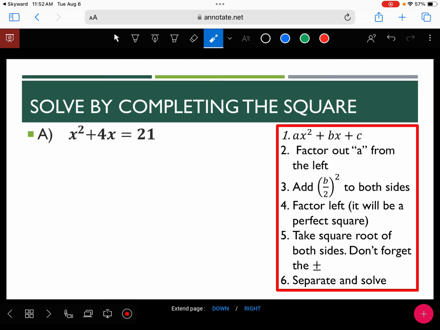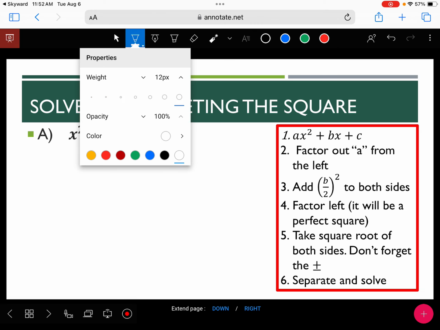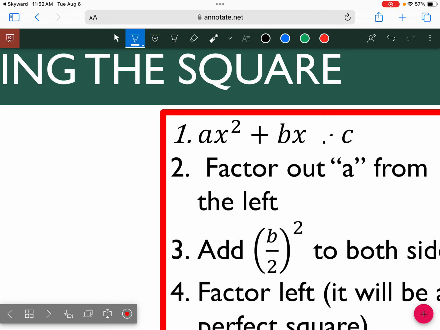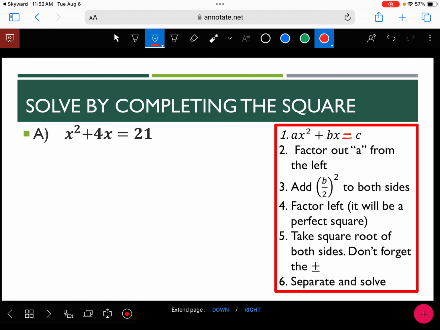And I just recognized this, and I'm so sorry, but there's a typo. This should say equal C, not plus C. So when you're completing the square, you want it to be ax squared plus bx equals C. I'll give you a minute to fix that.